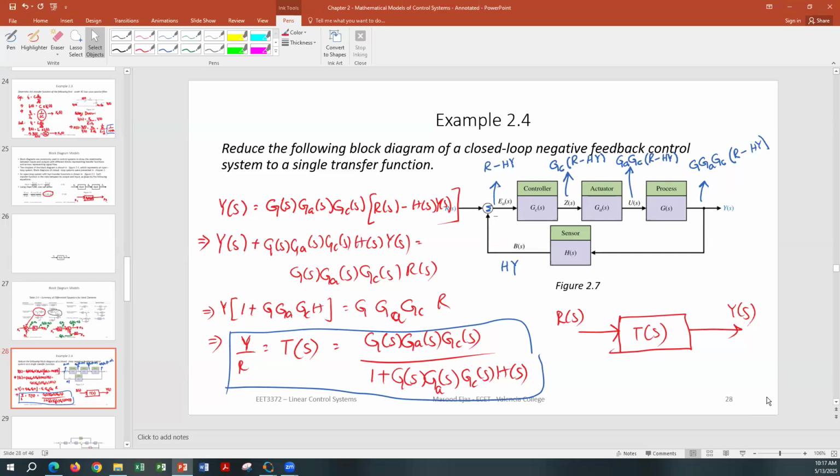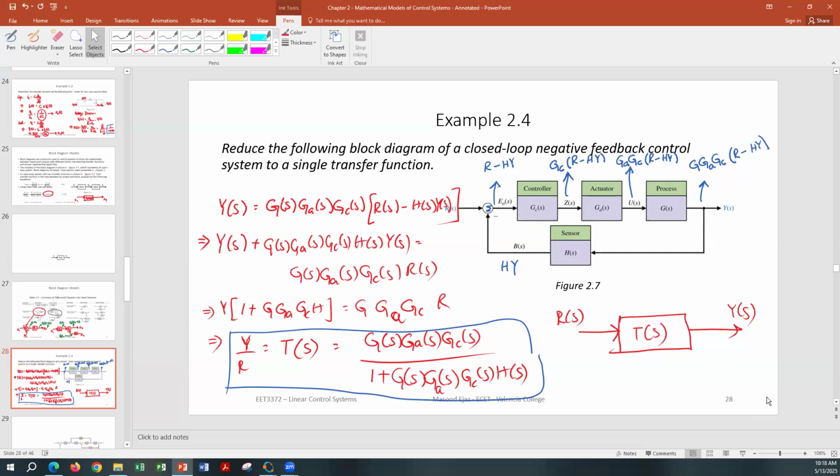So everything combined is basically GCS. That's the combined control system. The ratio between the input and output of the controller block diagram is represented by GCS, and that can be many things inside that one GCS.